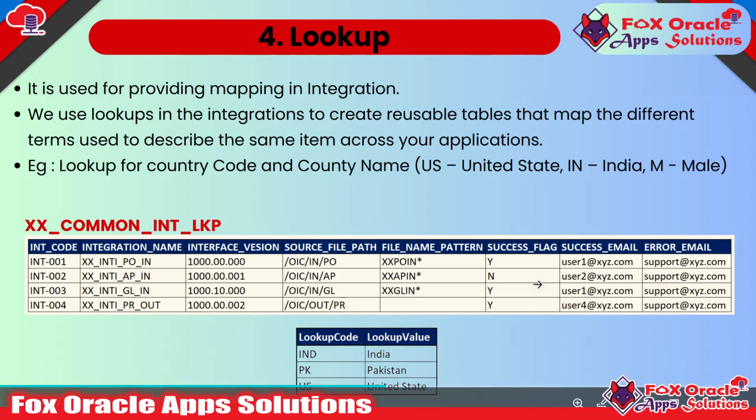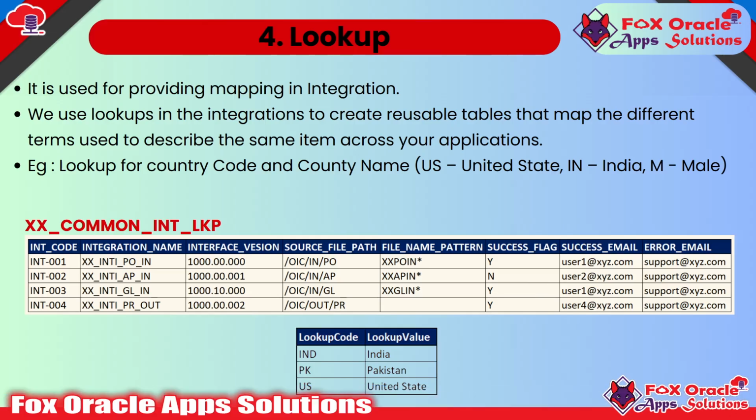One of the common utilizations of lookup in OIC is integrations metadata. For example, we created a student related integration, right, to get the data from file server and all, and we want to send the notifications. So when we send the notification, we can directly provide the two emails or four emails in the integration notification only.